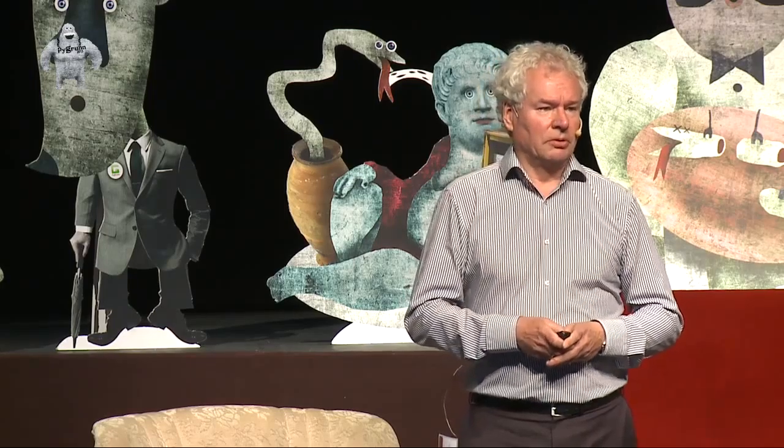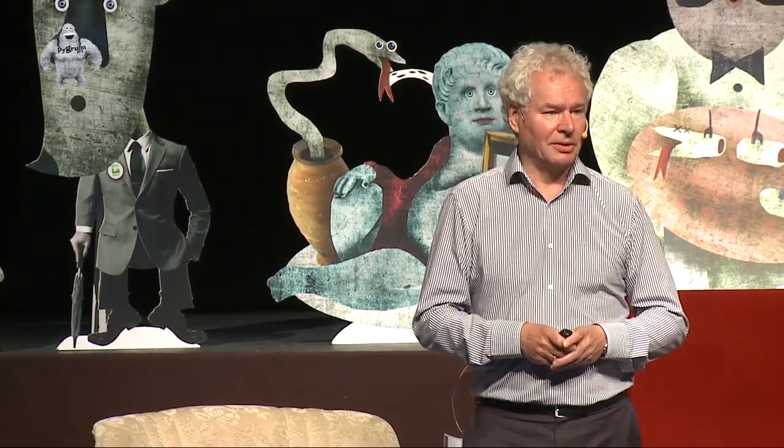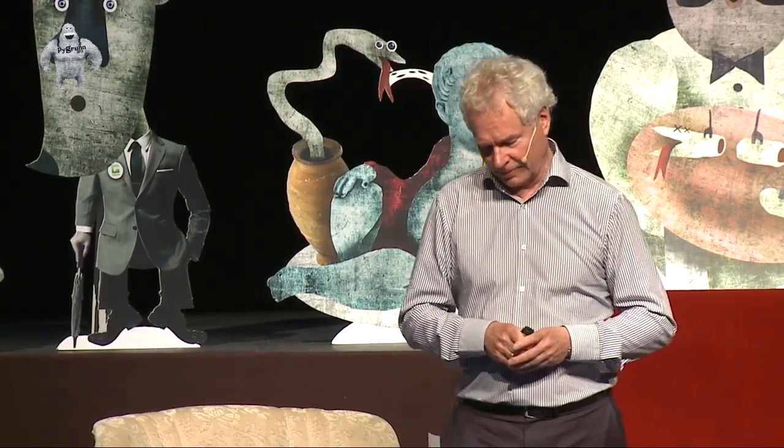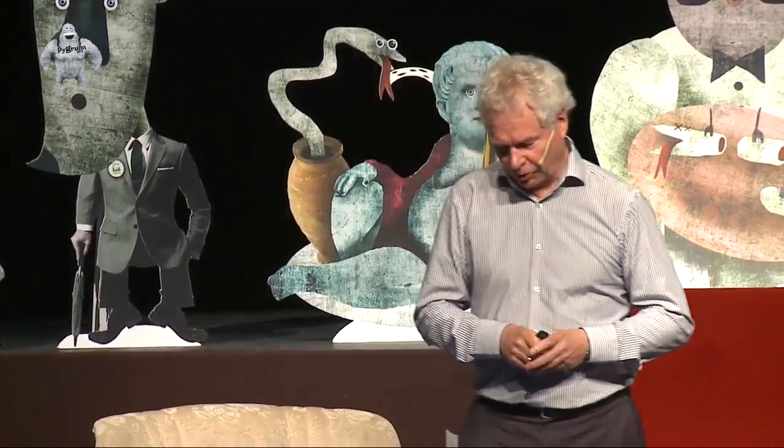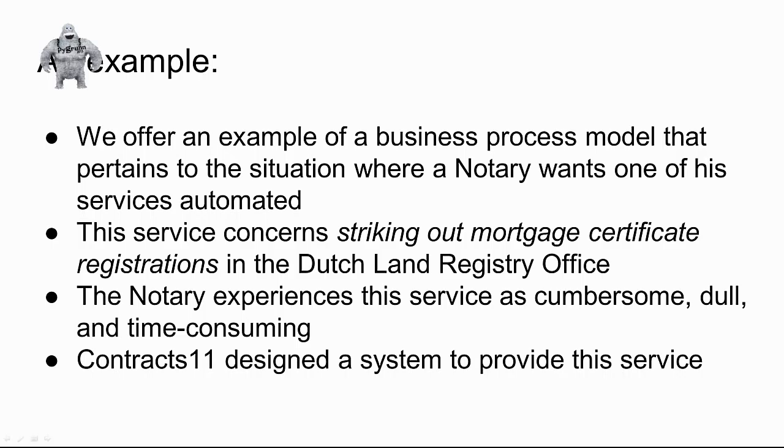An example of what we have done at Contracts 11: we've tried to offer a solution for a problem that a notary, in Dutch notaris, had. He wanted to have one of his services automated. This service concerns striking out mortgage certificate registrations in the Dutch Land Registry Office.